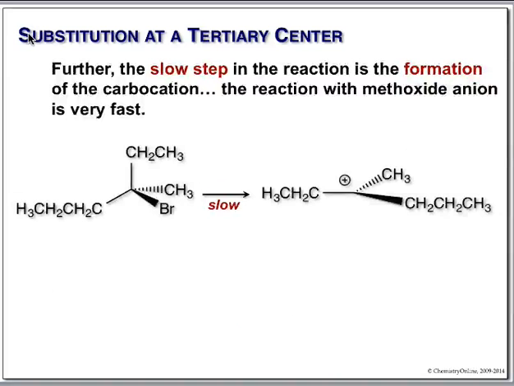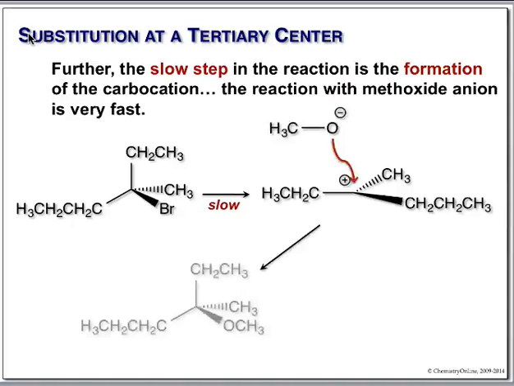Just breaking this bond spontaneously is something that doesn't happen quickly. Therefore, this is going to be the slow step in the reaction. The attack of methoxide is going to be the fast step. So it's a two-step reaction. A slow step that involves only the electrophile, and a fast step that involves the carbocation and the nucleophile.